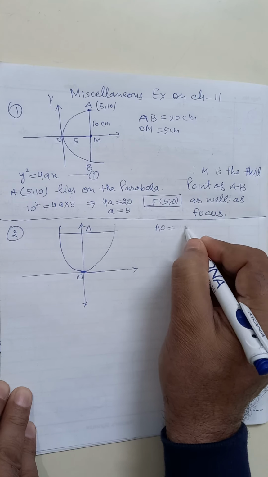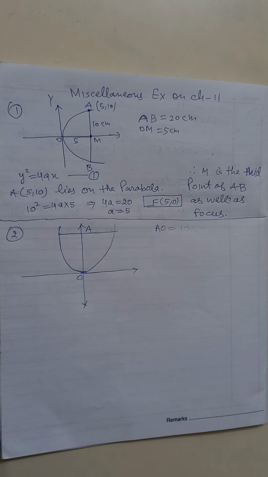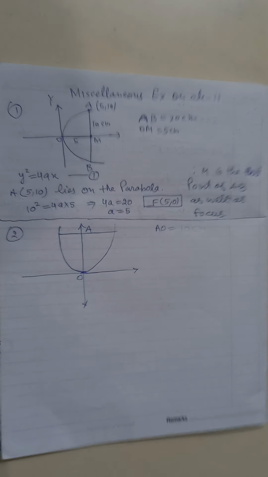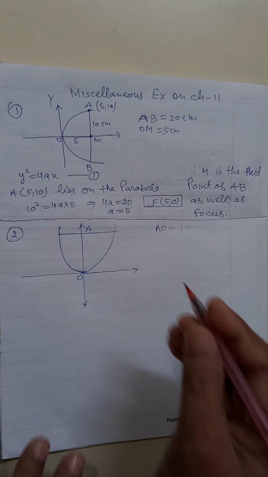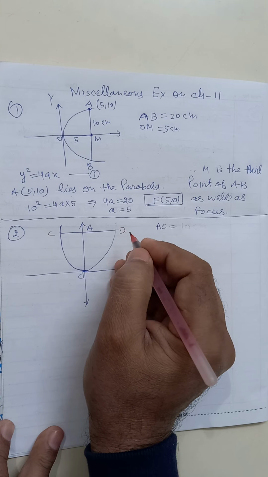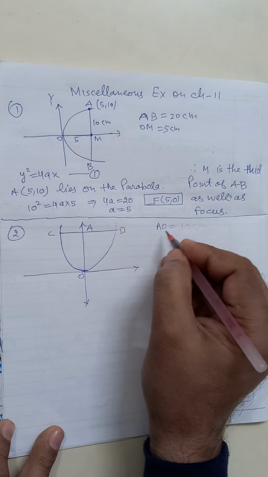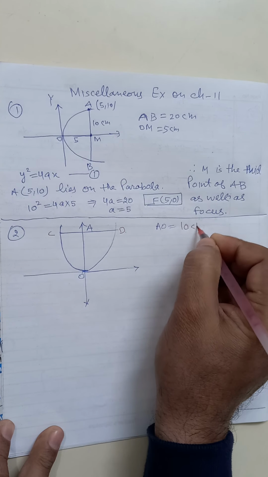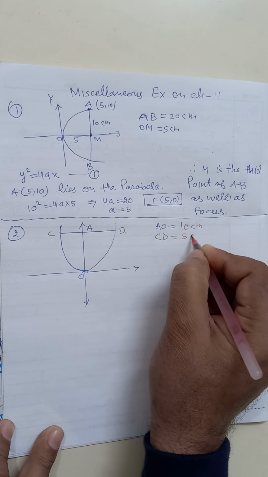AO is 10 centimeter. Correct? And this CD means the base of the arch, that is 5 centimeter. CD is 5 centimeter.